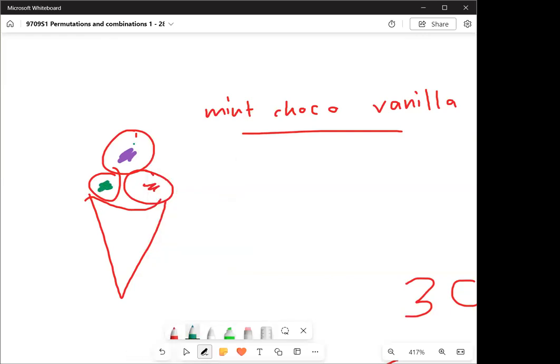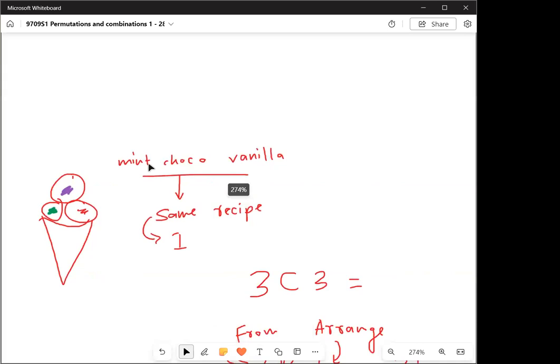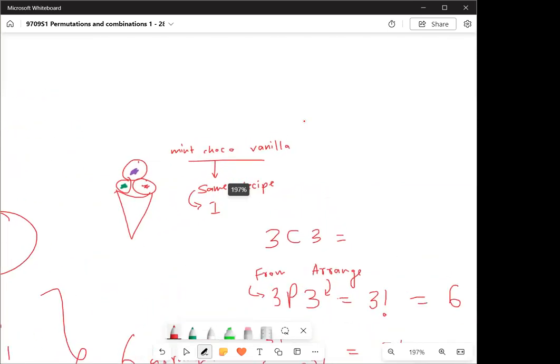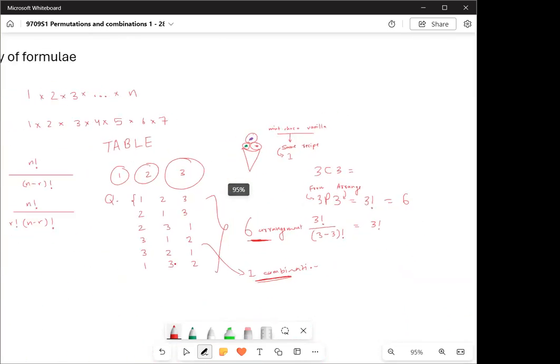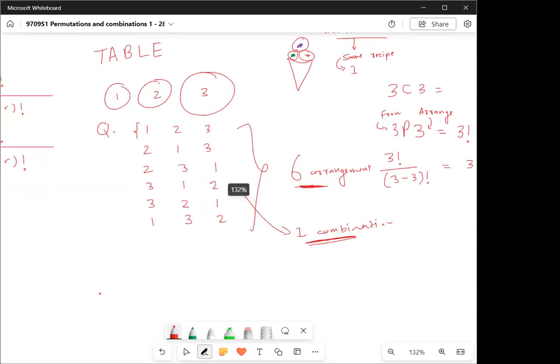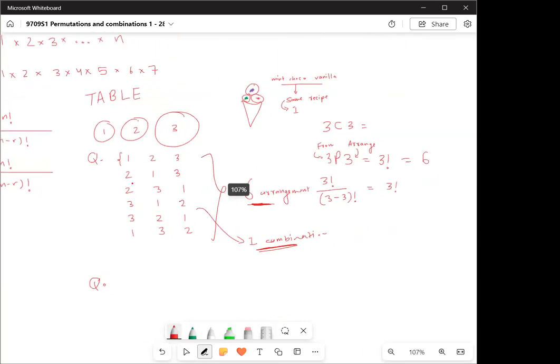It doesn't matter to me which order, because it's the same recipe. And there's only one recipe. If instead of mint choco vanilla I had some other possibilities, that will happen in the next example. So this is clear so far? Why there's only one recipe or one combination, and six arrangements, six possible ways of placing them.